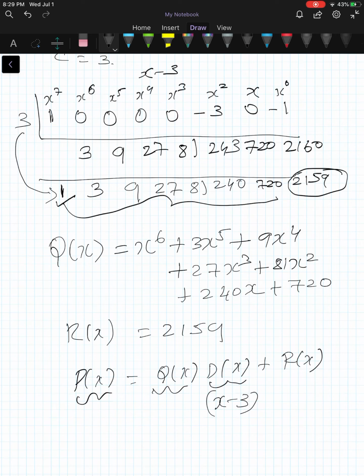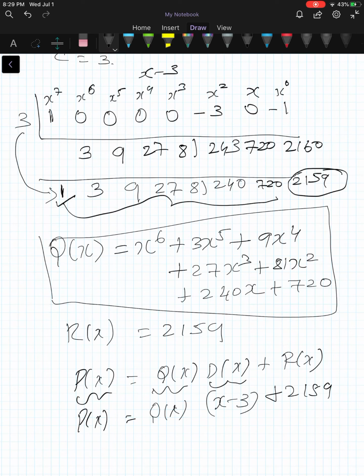You have to identify that using your c value, plus r of x. r of x is 2159. The rest you can write, the p of x and q of x, seeing the values here and in the question.